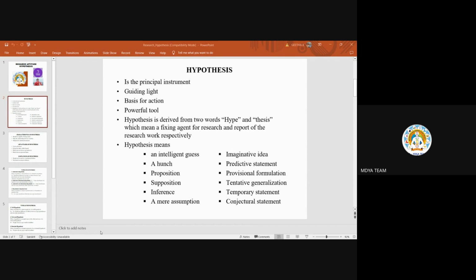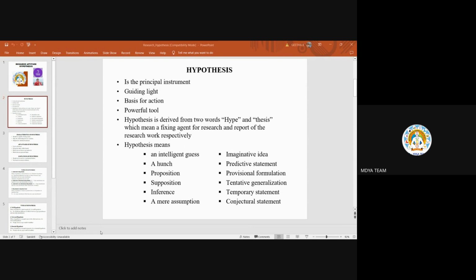Such assurance you cannot give in research. The hypothesis means your predictive statement, you have to execute it, and in the research report you have to prove it. In results and discussion you will be writing that the hypothesis that was guessed, already mentioned, is proven in this research. Like this, you have to present a statement.